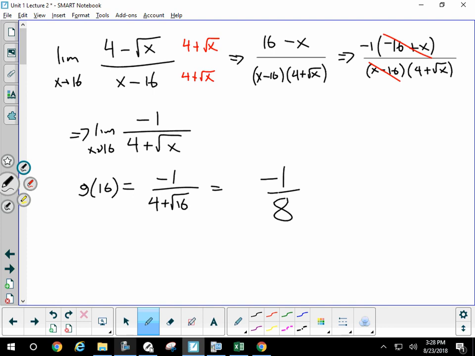All right, we should be experts on this conjugate process by now. Anybody, we should get negative 1/8 for all of our answers.